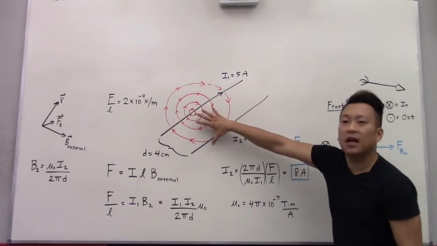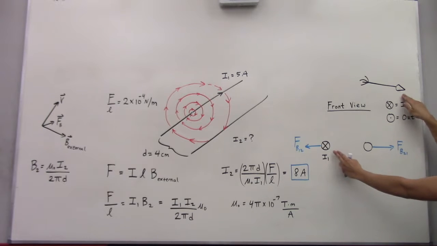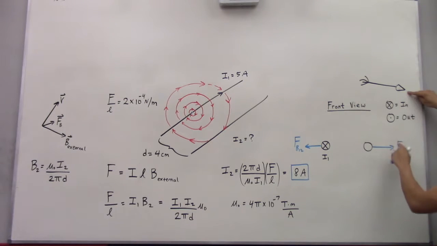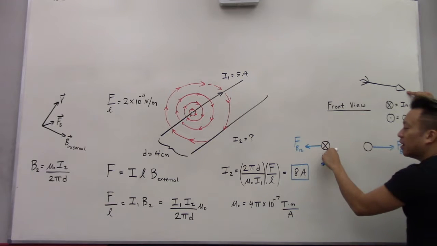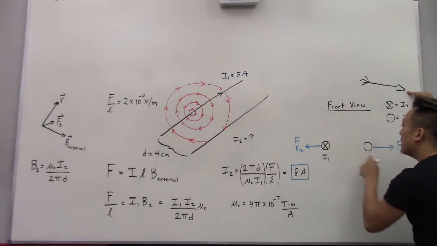Take this drawing and look at it in the front view, like this. Again, think of the arrow: if you see an X, it means you see the tail feathers of the arrow, so it's going in, and a dot means the point of the arrow, so it's coming out. So this current is going into the board.